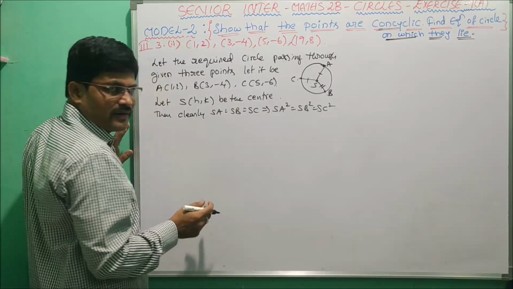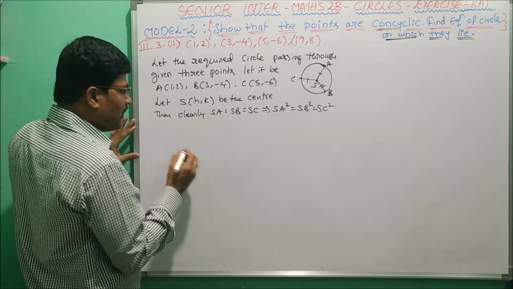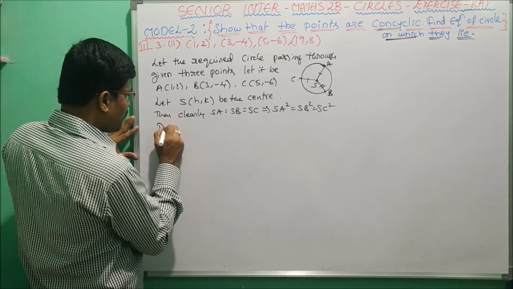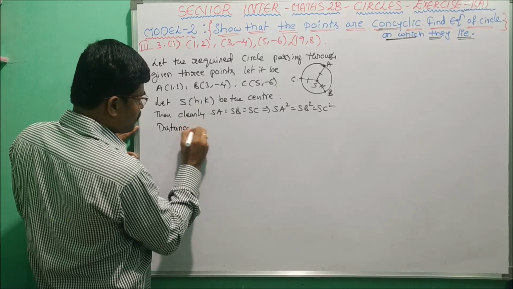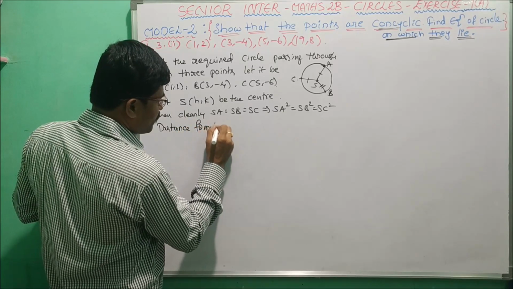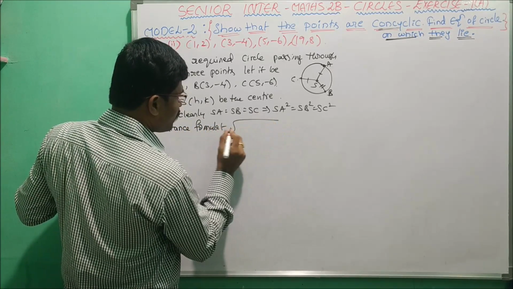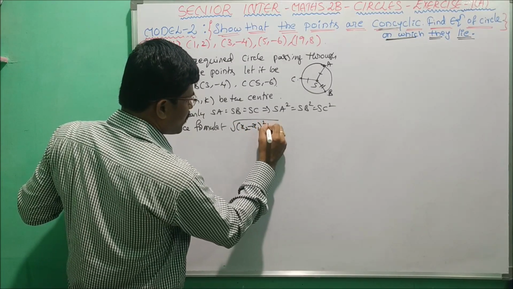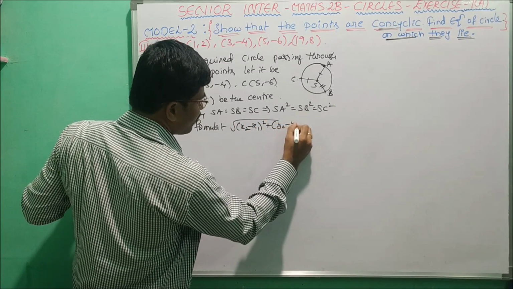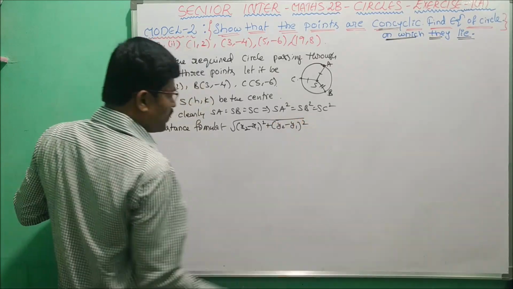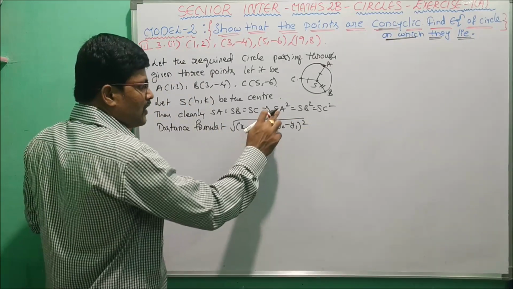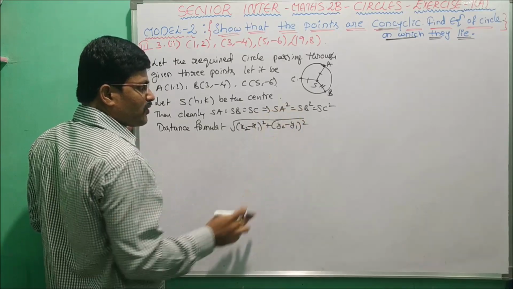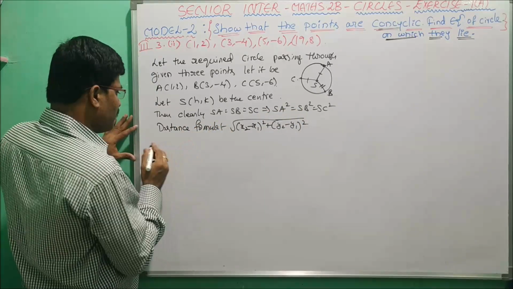From this condition, using the distance formula. So first we write the distance formula, that is square root of x2 minus x1 whole square plus y2 minus y1 whole square. Now using that formula, here already squaring on both sides, so the square root will be cancelled.